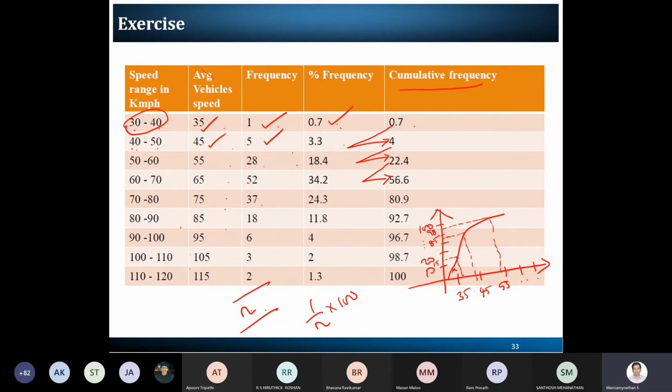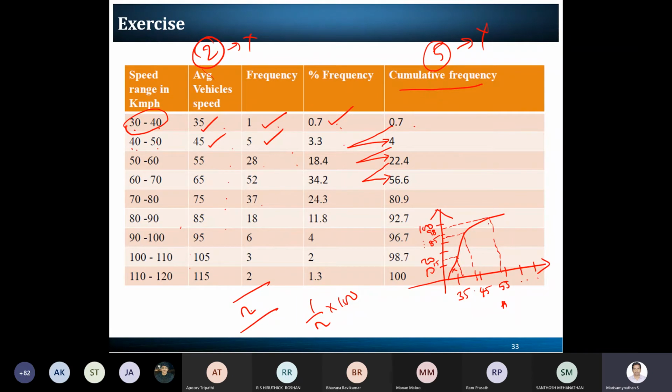Frequency is given. You know what will be the total number of the frequency. Based on that, you estimate the percentage of frequency. Then you estimate the cumulative frequency. Once you know the cumulative frequency, then you plot the graph with the average speed of the vehicle, that means the second column, as the x-axis and the fifth column as the y-axis.